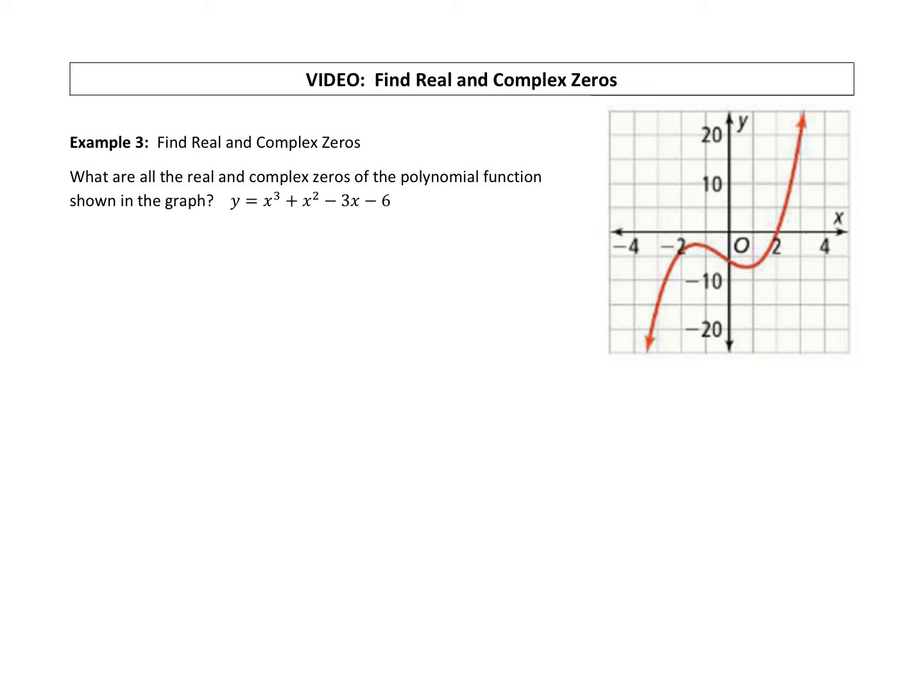So first things first, we think that 2 is a zero of our function, but we do want to confirm this. So x equals 2 appears to be a zero of the function.